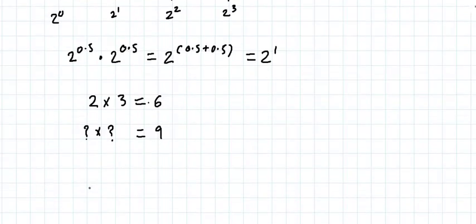In this case the answer is very simple. 3 times 3 equals 9. So in this case 3 is the square root of 9, and we write that out as being the square root of 9 equals 3.